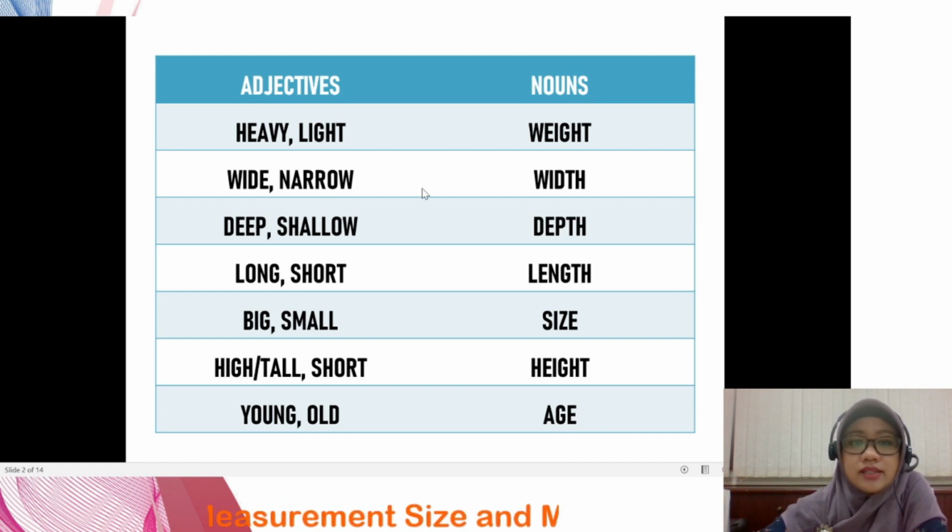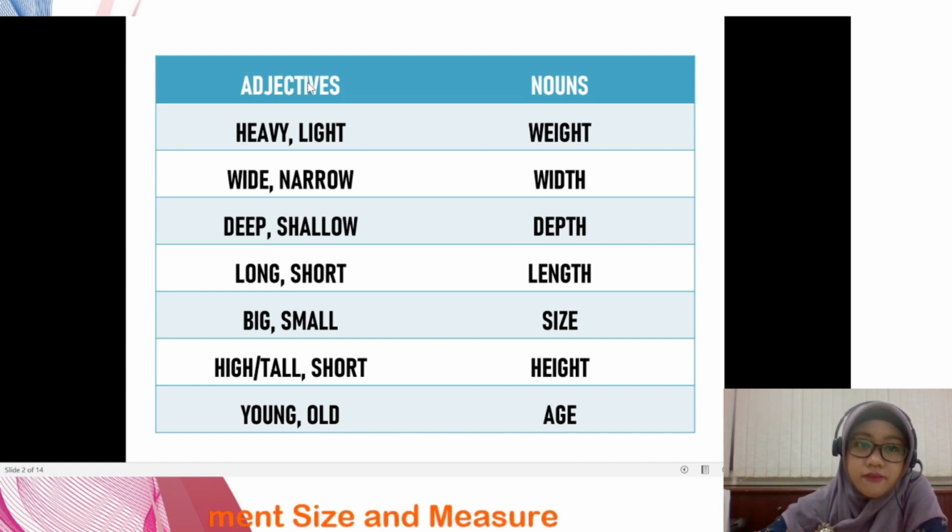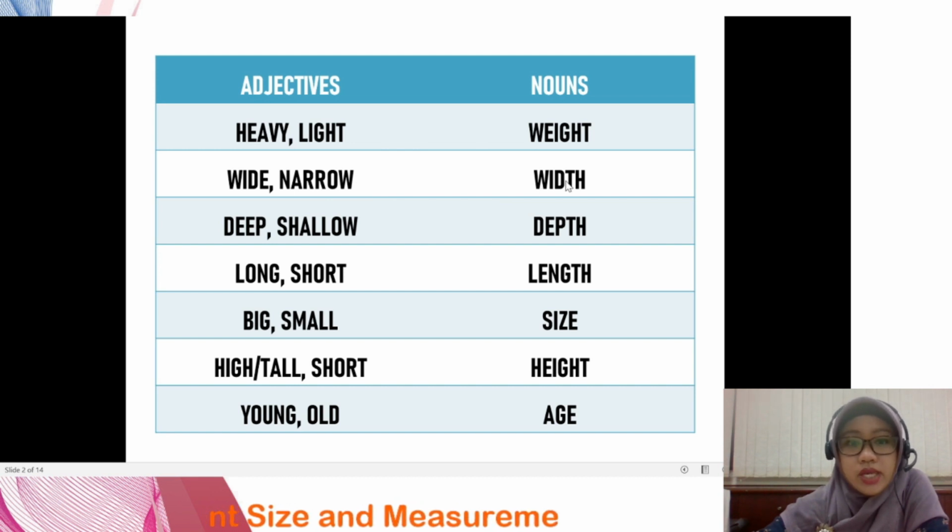From this table, we can see the left words are those that belong to adjectives. So you have a list of vocabulary here, a list of lexical resource here. If you want to find out how heavy or how light an object is, you can mention the weight of an object. How wide or how narrow, so the noun is width, and then deep and shallow, depth, long, short, and length, big, small, size, high, tall, short, height, young, old, age.